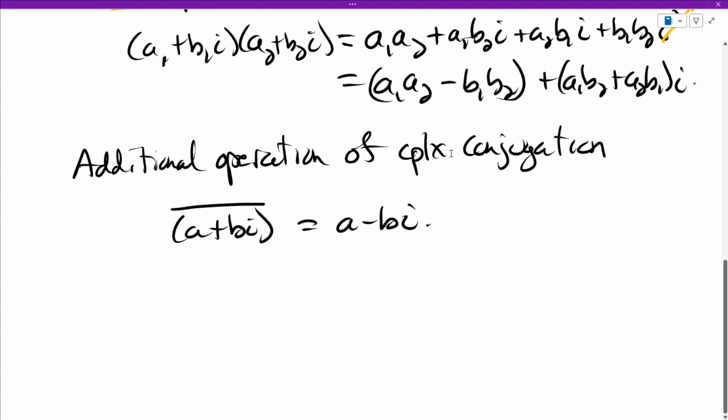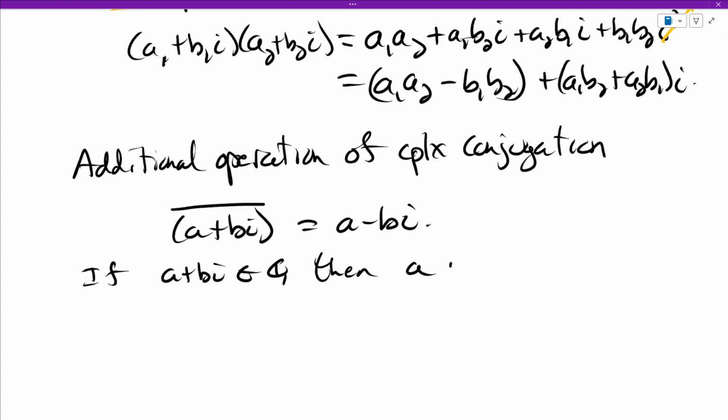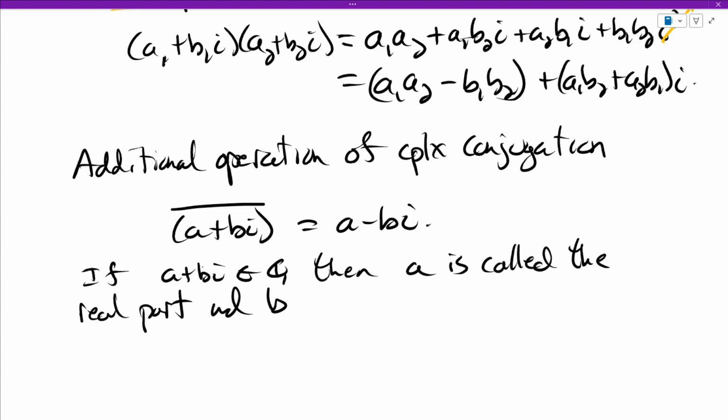And lastly, in this first video, all we're going to say here is that if we have a complex number, then a, the portion without the i, is called the real part, and b, the real number that's attached to the i, not bi, b on its own, is the imaginary part.